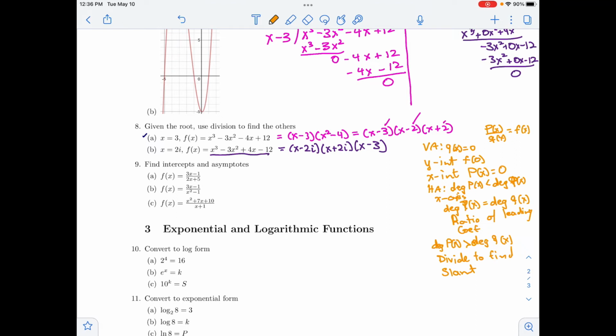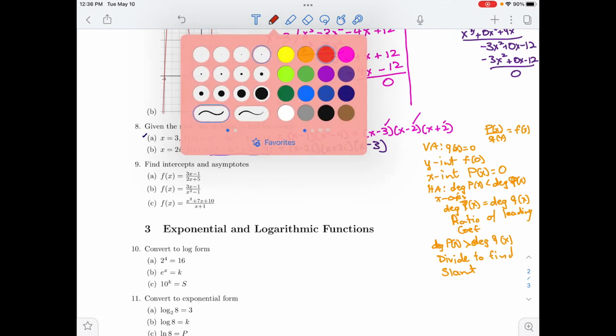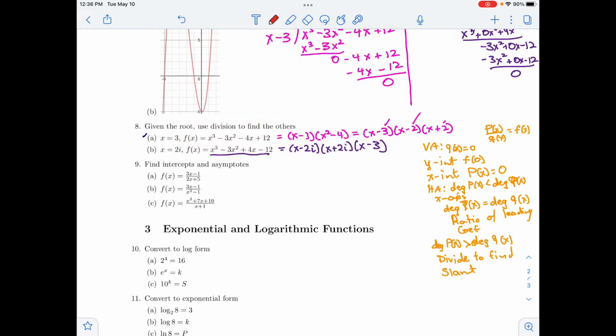First of all, for part A, we have the y-intercept is just going to be negative 1/5. Okay, that's the y-intercept. Now, the x-intercept, we set the numerator equal to 0, and we get 1/3, 0.